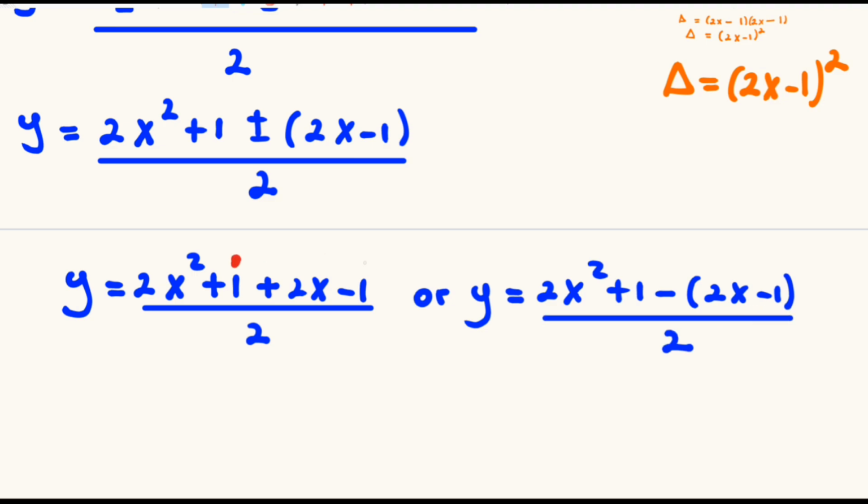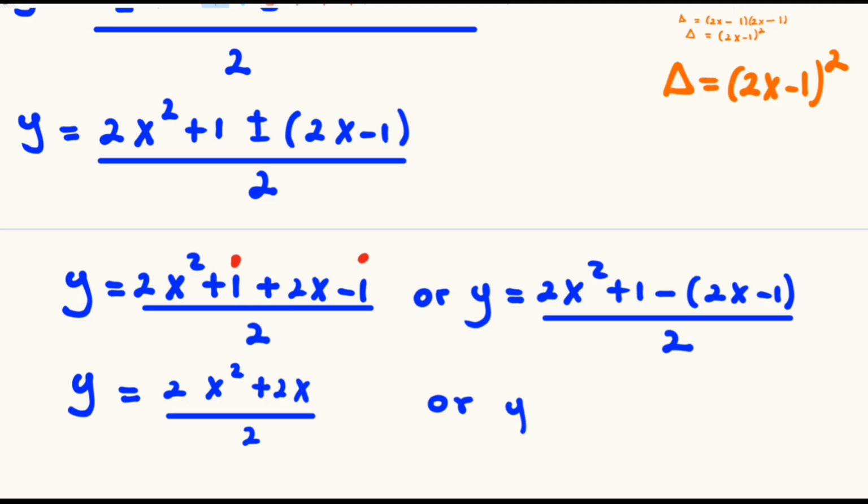The 1 minus 1 will be 0. We have y equal to 2x squared plus 2x divided by 2, or y is equal to 2x squared plus 1. Distributing the negative sign inside the parentheses, we have negative 2x plus 1 divided by 2.